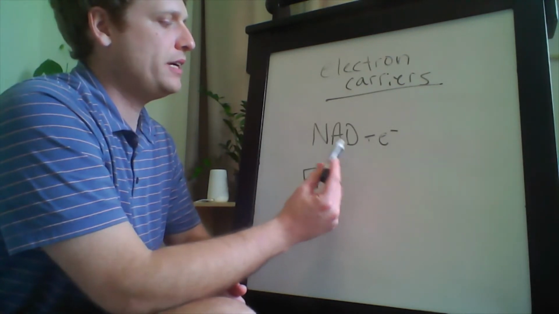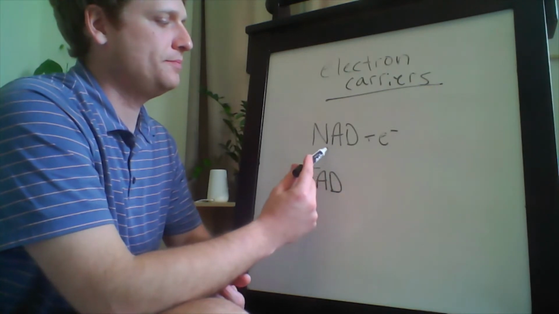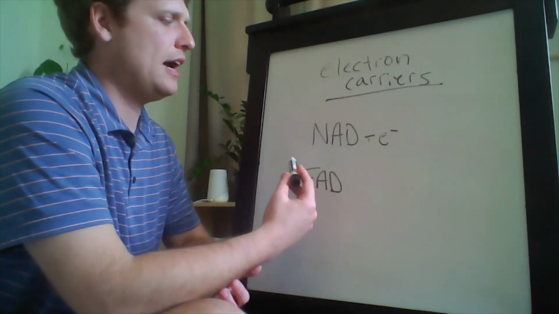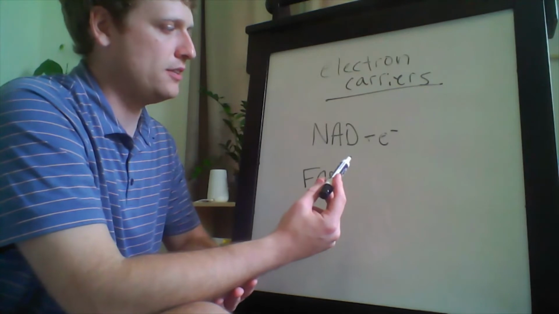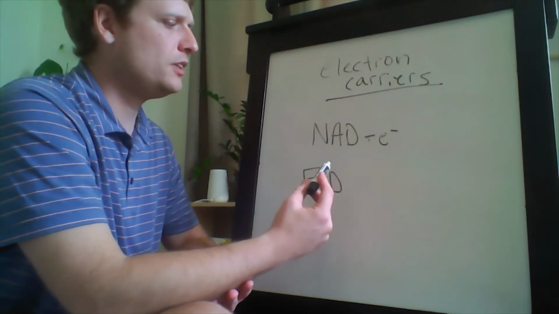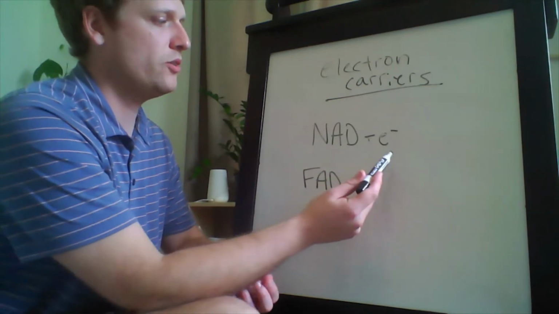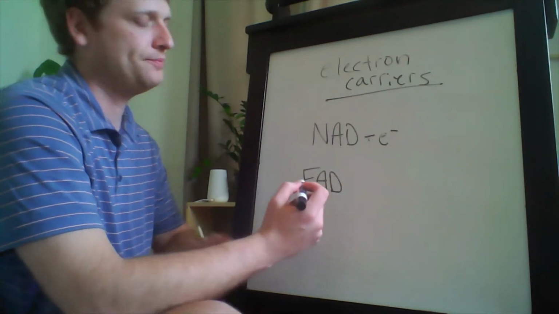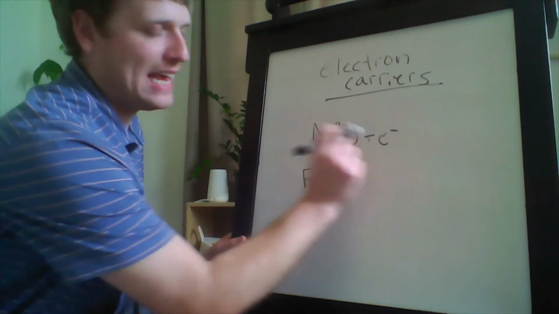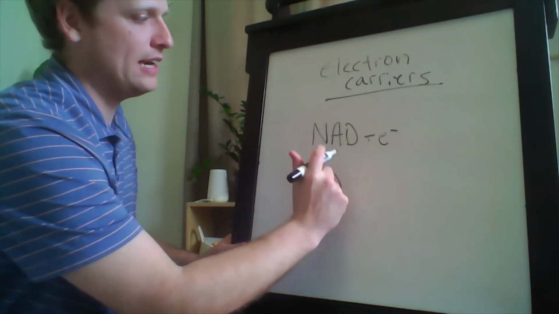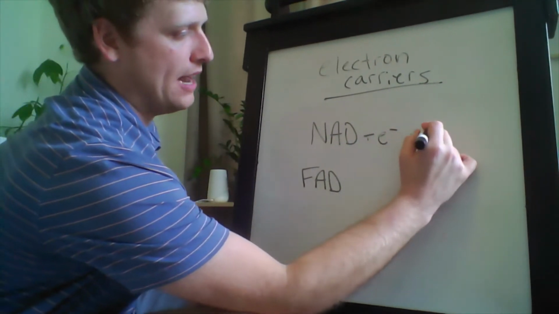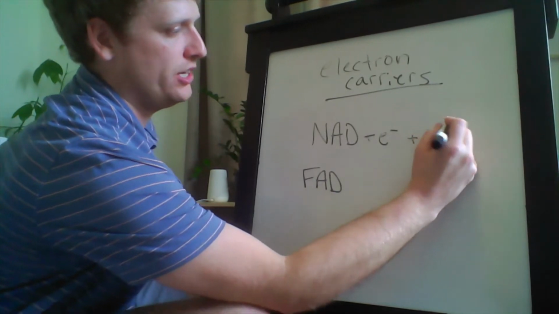So because this molecule has a high affinity for electrons, it's going to pull that electron toward it. But in order to stabilize and let it carry that electron, it's also going to have to bring in a hydrogen.